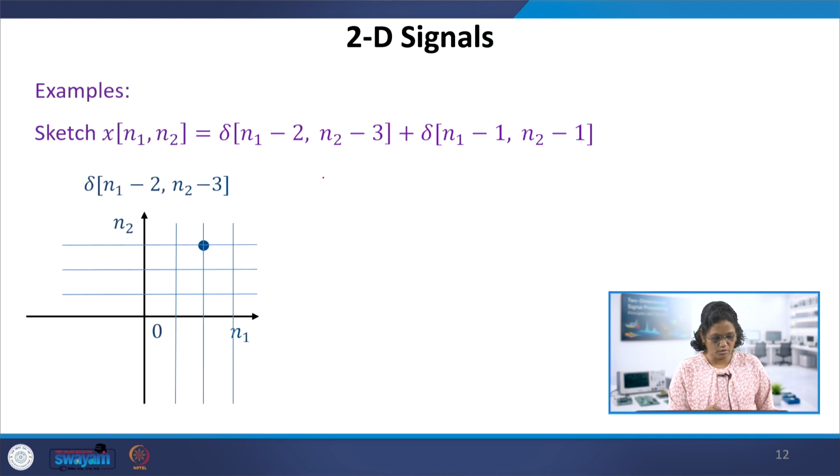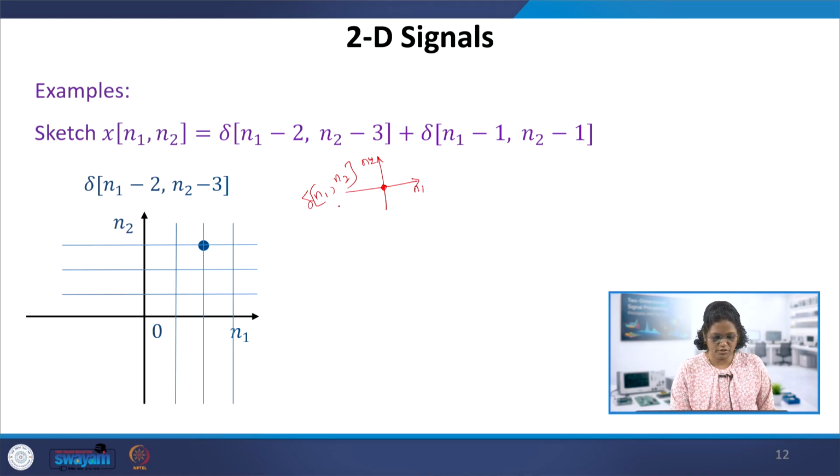If we just plot the first one, delta of n1 minus 2 and n2 minus 3, the delta sequence delta of n1 comma n2 is valid only at the origin, right?